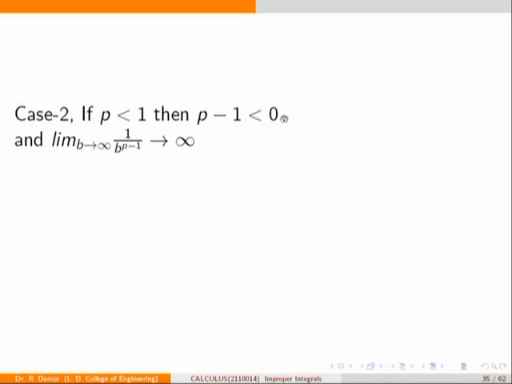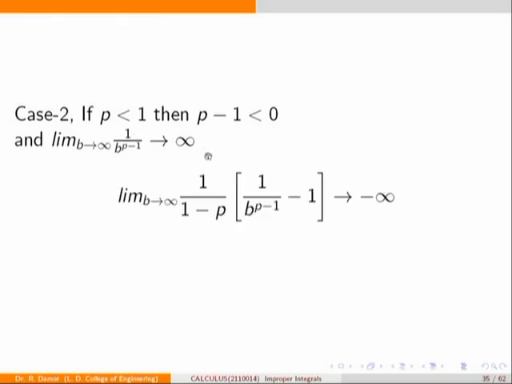P minus 1 is a negative power, so it goes to the numerator and becomes positive, and then some positive power of b tends to infinity. So what is the limit? The limit as b tends to infinity of 1 upon 1 minus p times 1 upon b to the power p minus 1 minus 1, where the fixed part stays as it is, but p minus 1 becomes negative and goes to the upper side, so it becomes positive.